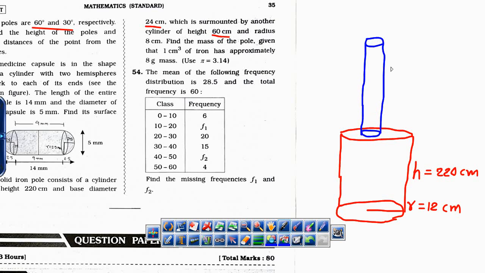Height 60, h dash, and radius 8, r dash. Find the mass of the pole given that 1 cm cube of iron has approximately 8 gram mass. Mass ढूंढना है. It's a unique sum, but it's a textbook sum.